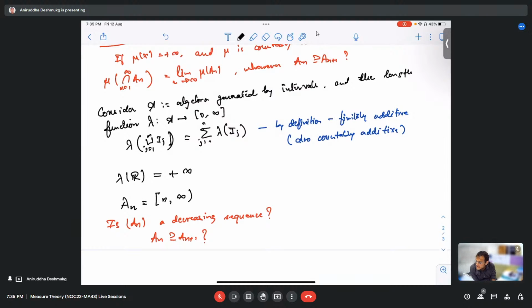So what do you think? Yes, Prasanji? Yes, it is decreasing, right? This is indeed decreasing. And what is its intersection?